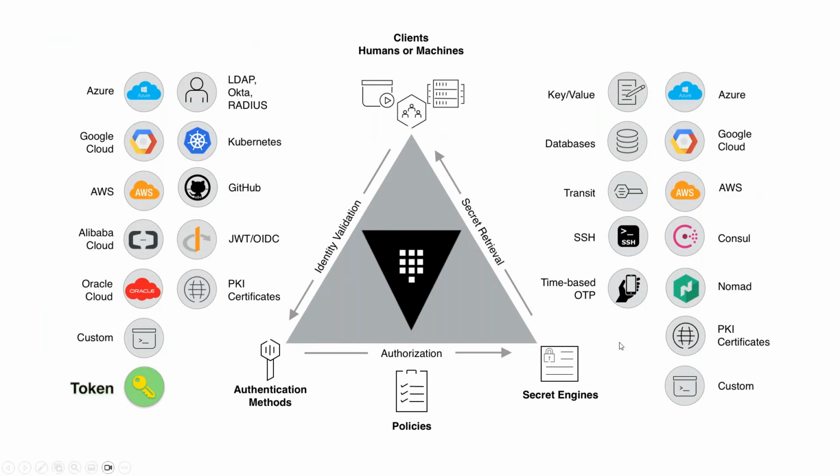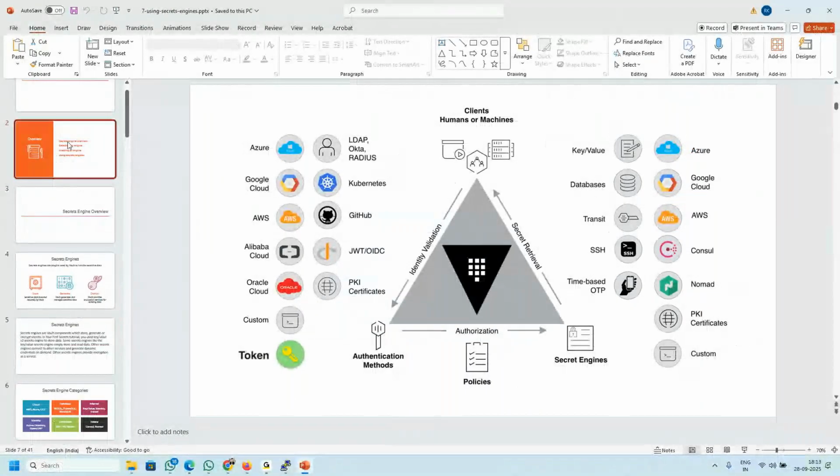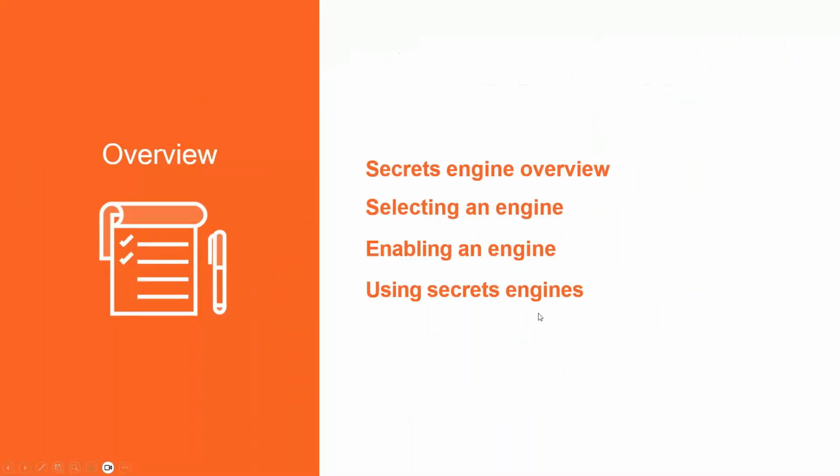Now the most important part, the last section, is the secret engine, the place where we store the secret. Here, many different types of secrets are supported, out of which we are going to work on key and value. Okay, so let's start this discussion.